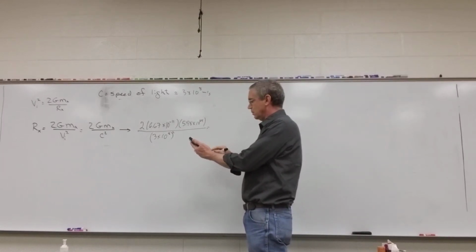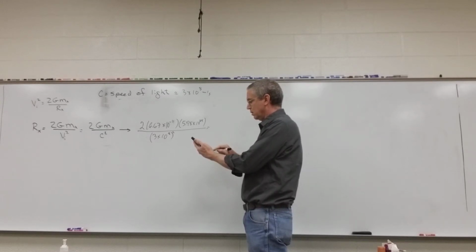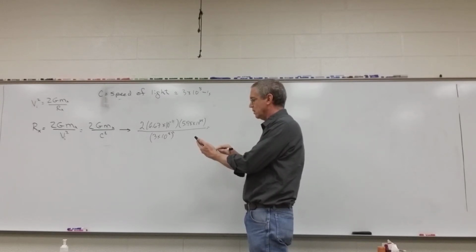So 2 times 6.67 times 10 to the negative 11 times 5.98 times 10 to the 24 divided by, if I can do that in my head, 9 times 10 to the 16th.